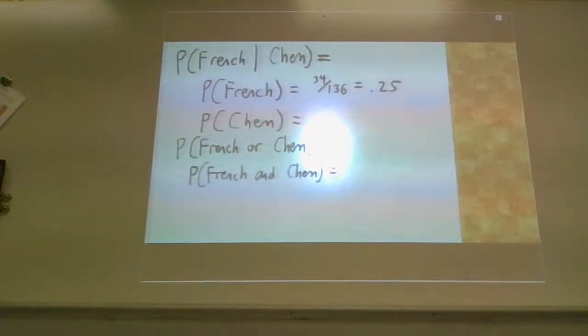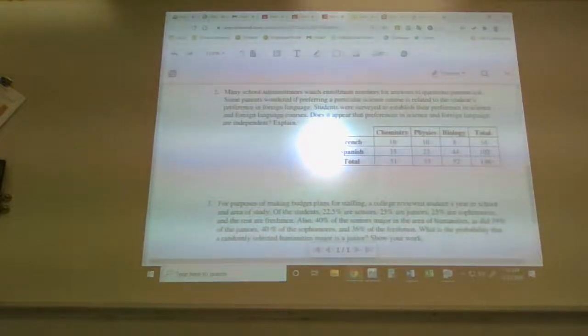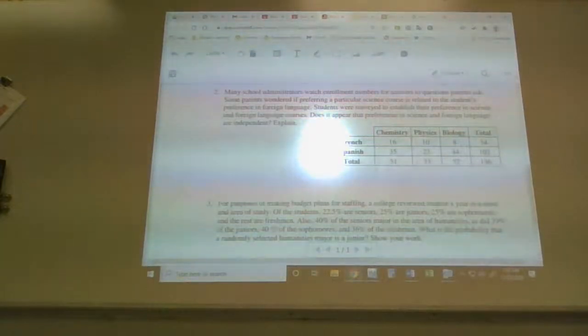All right. Let's look at the table again. What fraction would represent those who prefer chemistry? 51 over 136. Now, those are very basic questions about the entire group of students. Just very big, no strings attached.